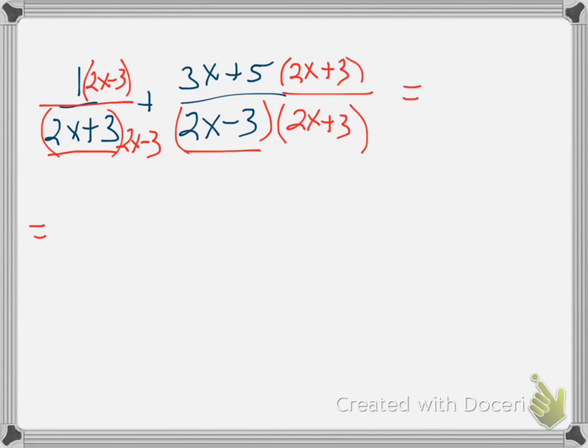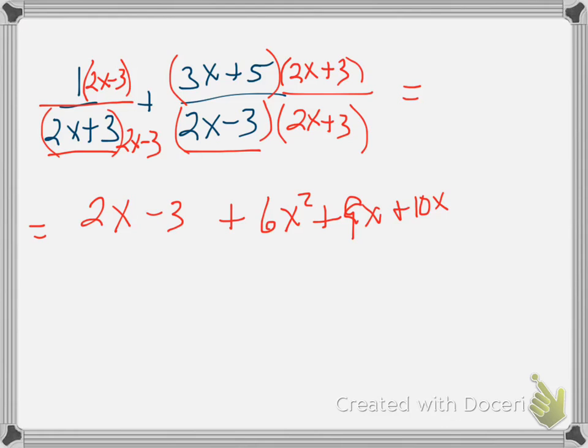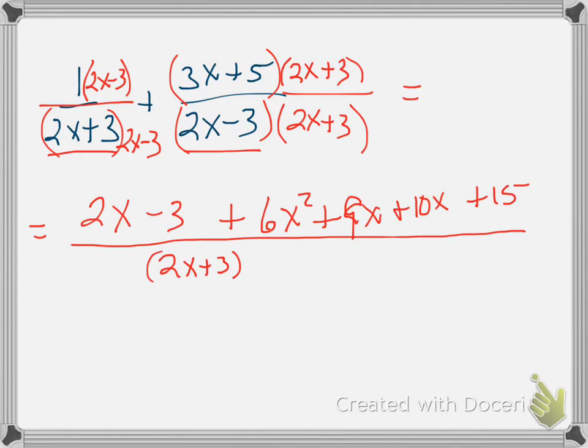And what did that do? Well, that gave me 2x minus 3 here, plus. Now, if I do this distribution, I get 6x squared plus 9x plus 10x plus 15. And in the denominator, I get 2x plus 3, 2x minus 3.